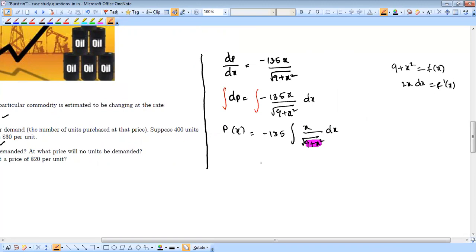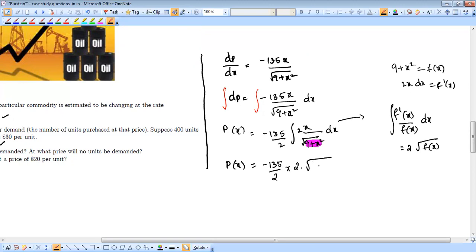If I multiply and divide by 2 in numerator and denominator, I'll get f dash x by f of x form. So the formula gives 2 into root over f of x. So p of x is minus 135 by 2 into 2 into root over f of x, that is 9 plus x square, plus constant. So 2 gets cancelled. So p of x is equal to minus 135 into root over 9 plus x square plus constant.